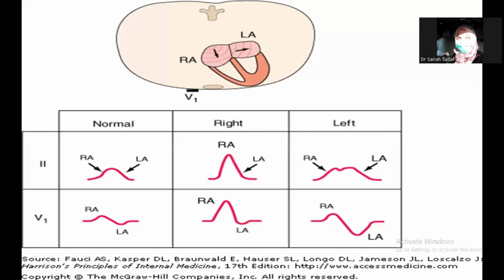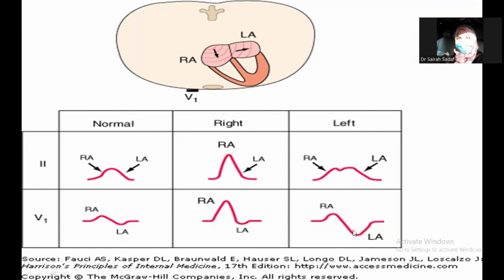I love this concept. And in case of P mitrale, it will be broader in lead V2 with a notch here, showing 2 components, right atrium and left atrium. And in lead V1, you will have a bigger left component than the right one. It will be broader.